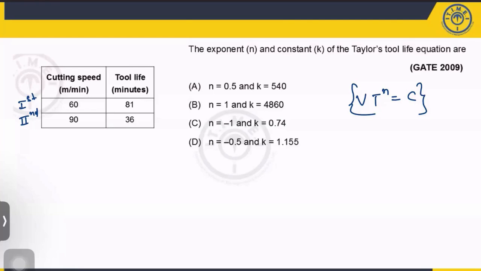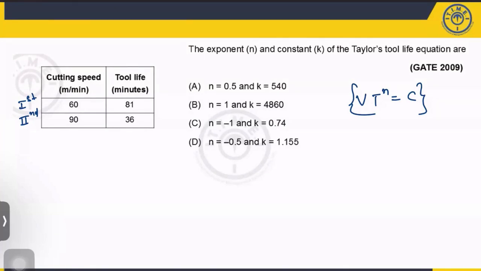They have given only the cutting speed and are only asking for tool life. You have to calculate either the tool life or velocity. That is the question, no?